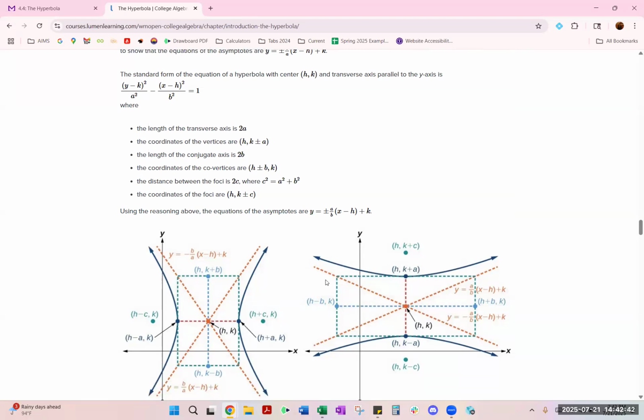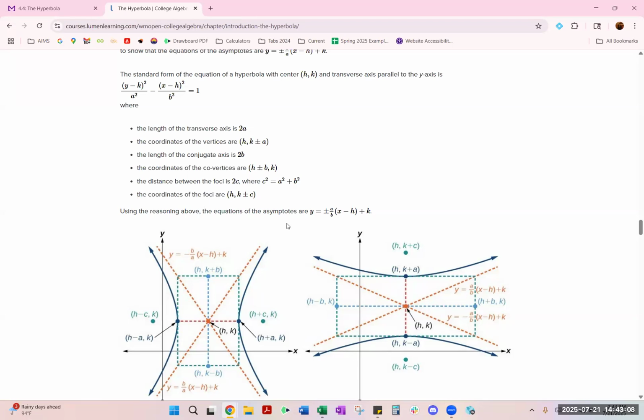And then of course, we also need to think about what the equations for the asymptotes will look like, because we will need that information to be able to graph our hyperbola over here. So we want to start by finding out what our center will be, and then we also want to find what those equations will look like.